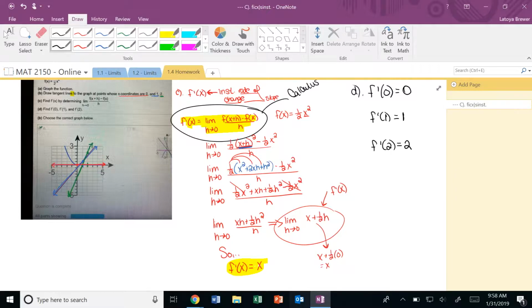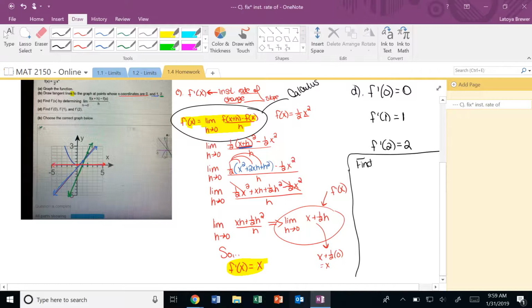Okay. Part B really didn't ask you to find the equation of the tangent line. But here's what I'm going to do, just because at some point you will. What if I asked you to find the equation of the tangent line when x is equal to 2?